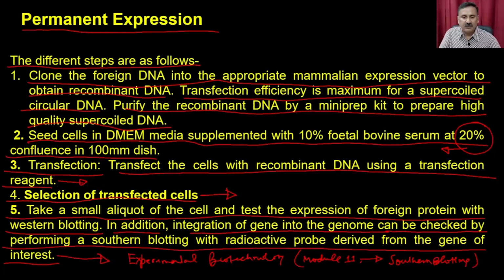That probe corresponds to the sequence of the gene you have cloned. Using this, you can say whether your cloned gene is present in the genome or not. You can follow that if you are interested in reading more about Southern blotting.